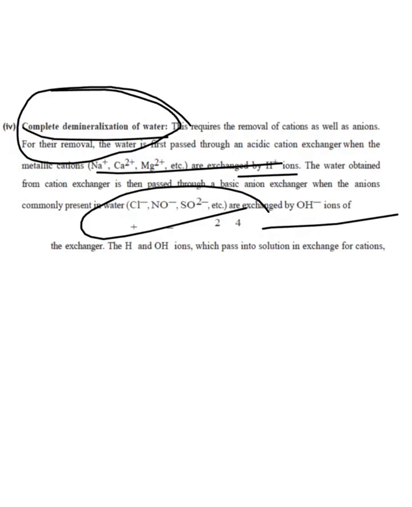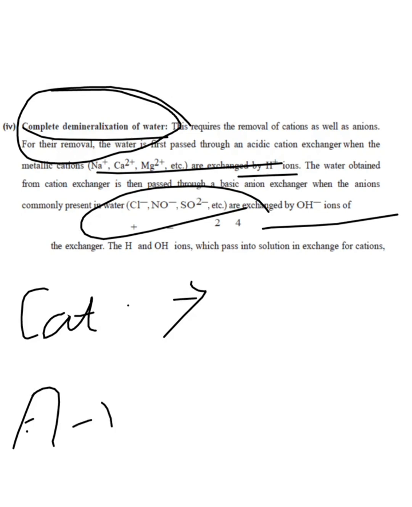Some strong acids I already told: hydrochloric acid, nitric acid, sulfuric acid; and strong bases: sodium hydroxide, potassium hydroxide, calcium hydroxide and barium oxide, etc. These are used as strong acid versus strong base, weak acid versus the weak base.